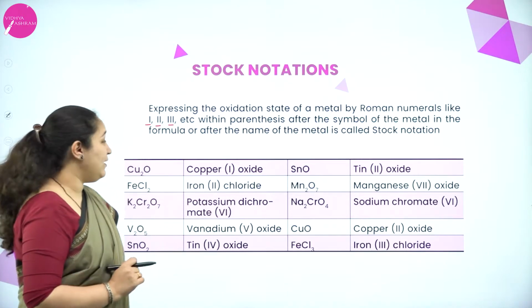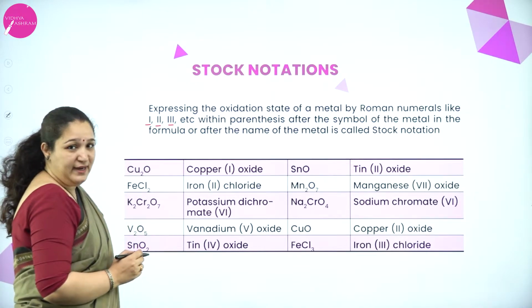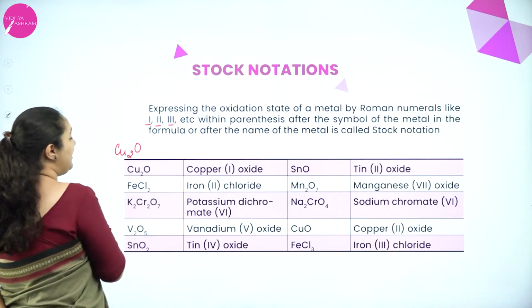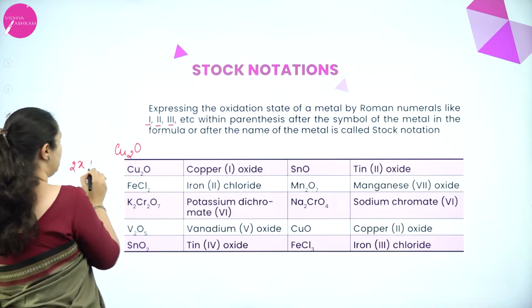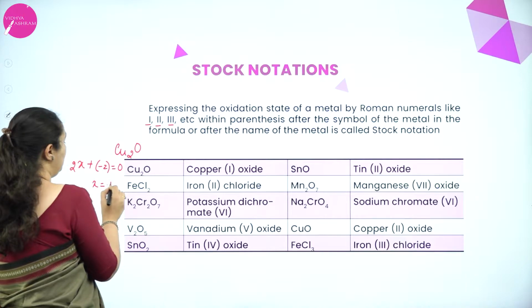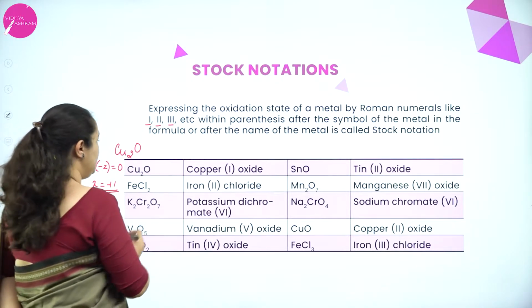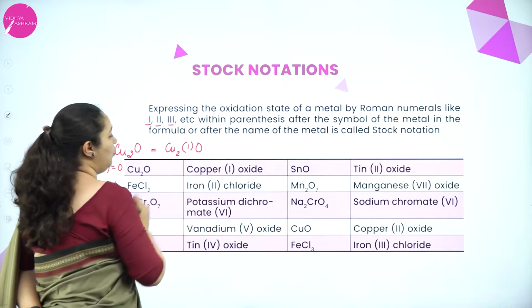Okay. So, what exactly it is? For example, you have copper oxide Cu2O. Calculate its oxidation number. It will be 2x plus minus 2 is equal to 0, x is equal to plus 1 you will get. So, you will write the formula as Cu(I)2O.